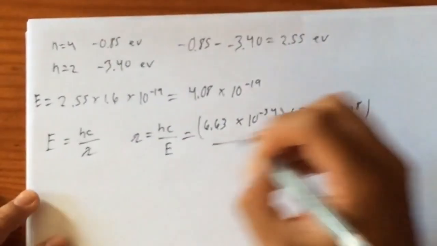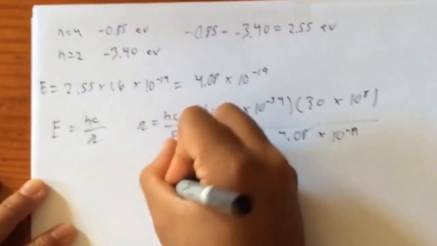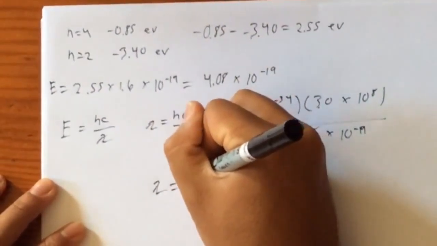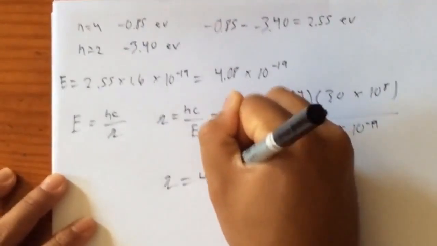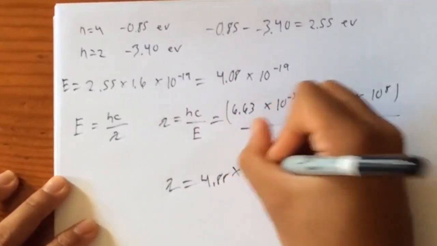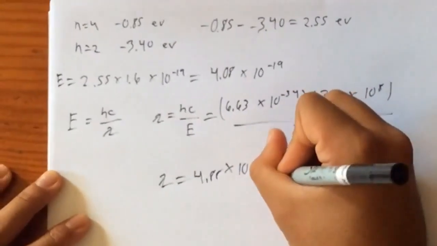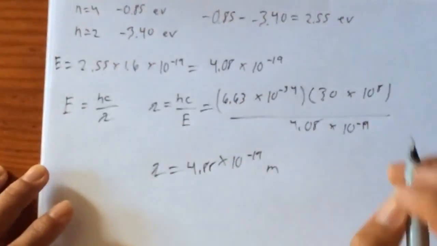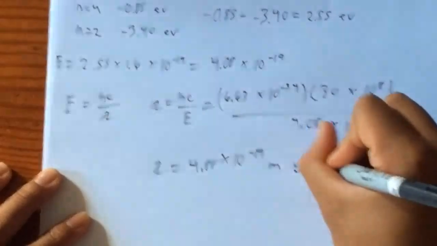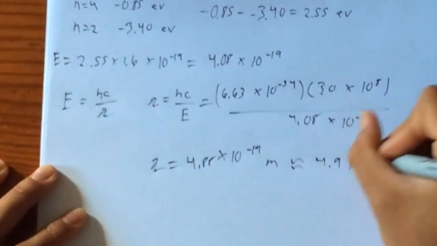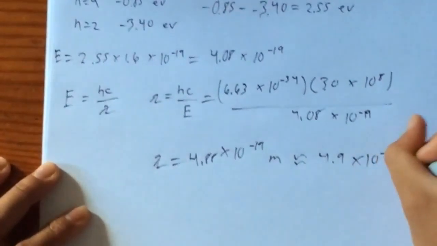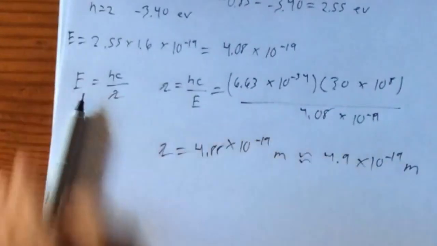After plugging that into your calculator, the wavelength that we are going to get is 4.88 times 10 to the negative 19th meters, but since we're working with sig figs, you round it to 4.9 times 10 to the negative 19th meters.